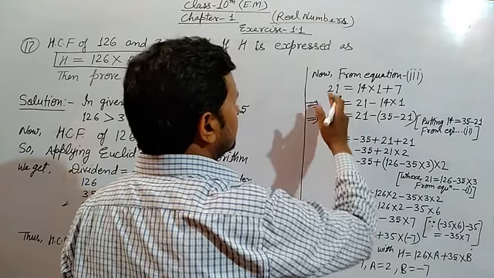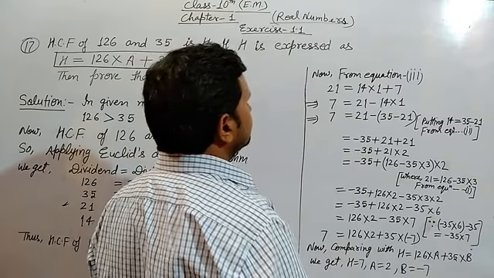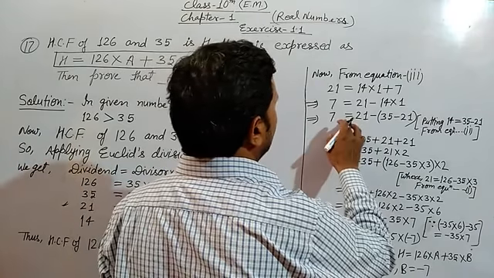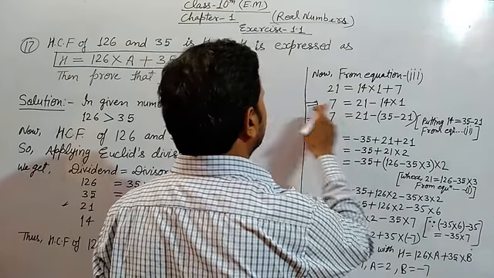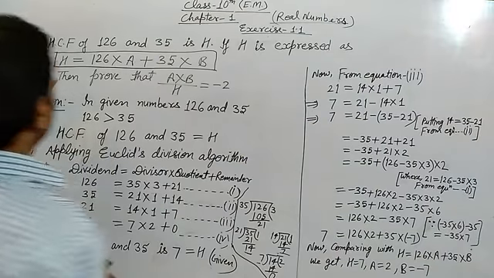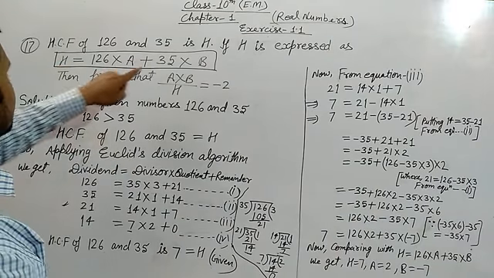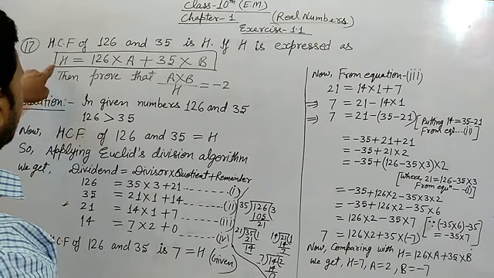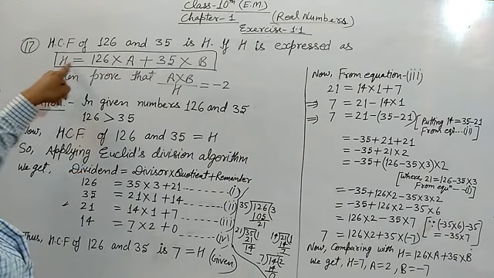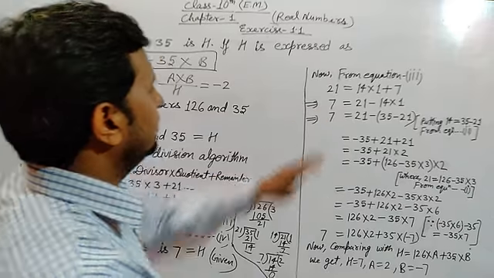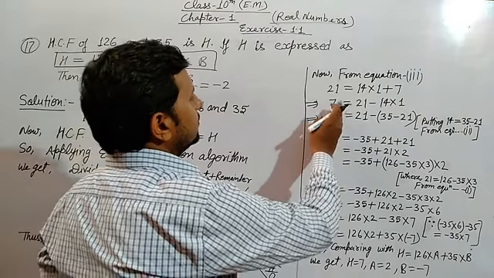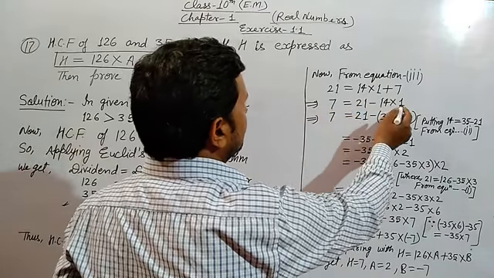We can change the sign. Why do we take 7 here? Because the question is given in the form h is equal to this. So our HCF is h, meaning 7. So we have to put this in this term. 7 is equal to 21 minus 14 into 1.